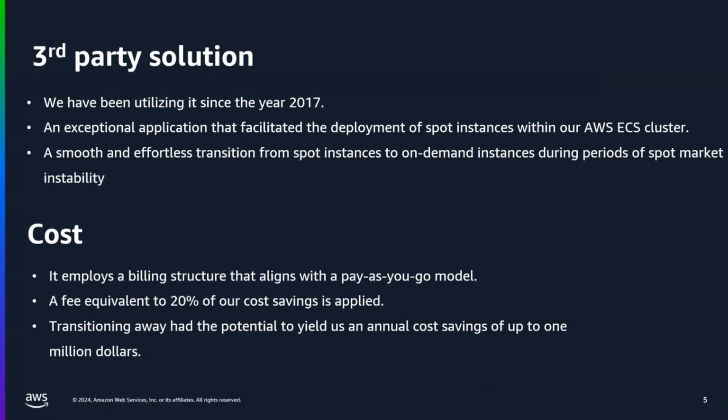So if the Spot capacity is getting peaked out, or there are capacity issues on the Spot side, right now with the existing AWS ECS solutions, there is no default way where we can move to on-demand seamlessly. This is something third-party providers can provide, a seamless transition between Spot and on-demand. That effortless transition between the two is what they are designed for.